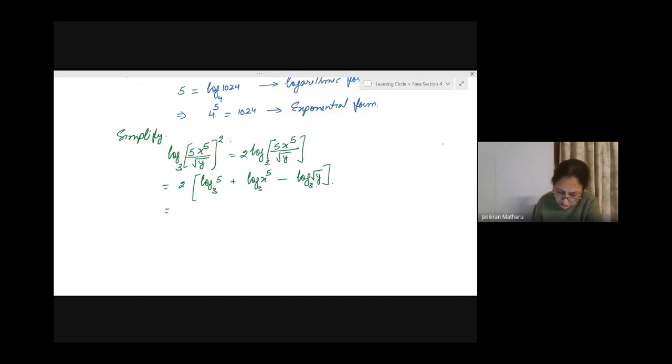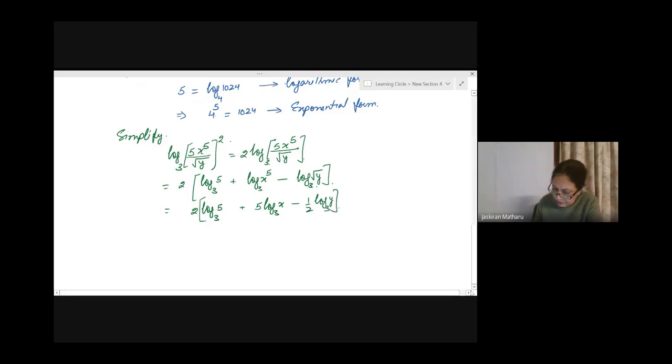So this can again be written as 2 log of 5 to the base 3, and we can still leave the 2 out. And this will become 5 log x to the base 3. And square root y means it's raised to the power half, so this will become minus half log y to the base 3.